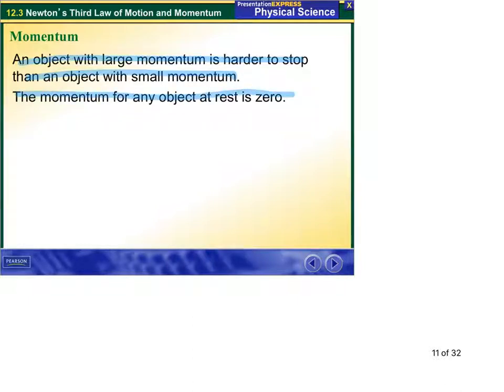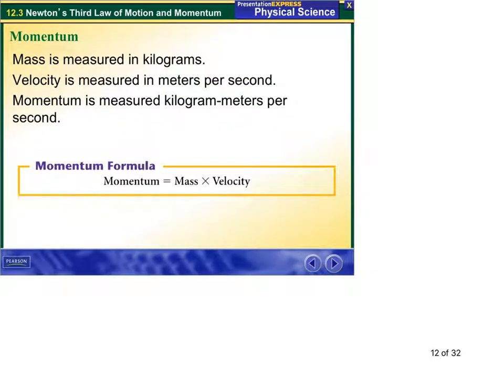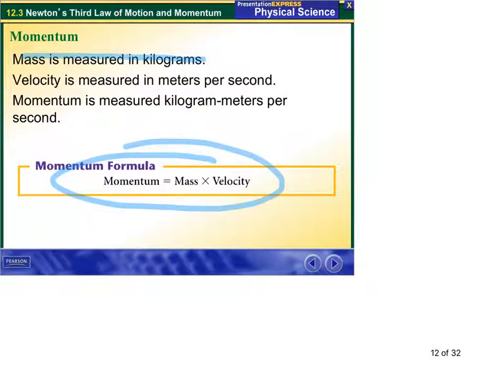If it's at rest, its momentum is zero because its velocity is zero. Formula for momentum, mass times velocity. Mass is measured in kilograms, velocity in meters per second, so momentum is in kilograms meters per second.